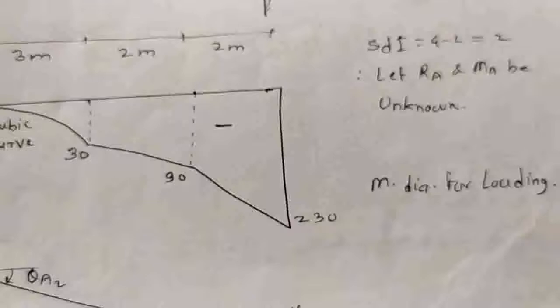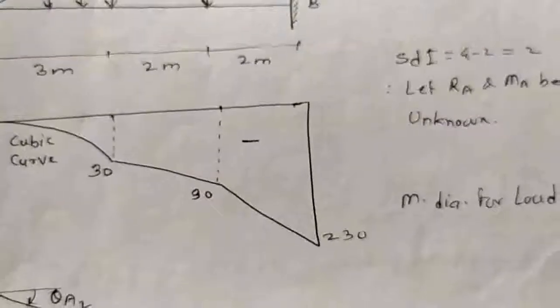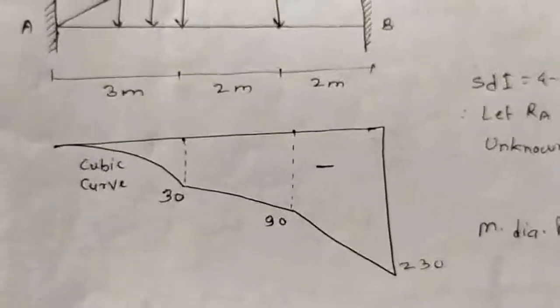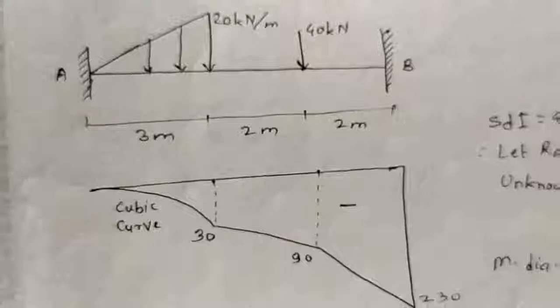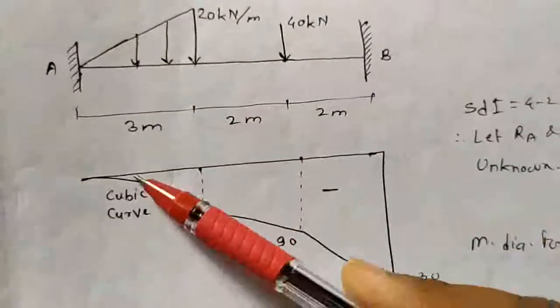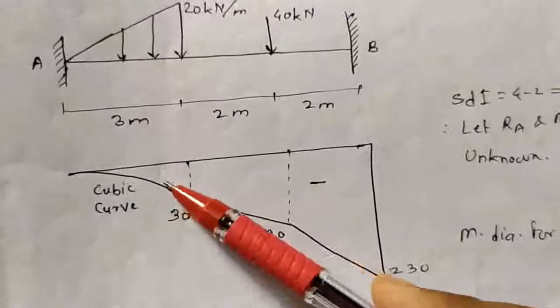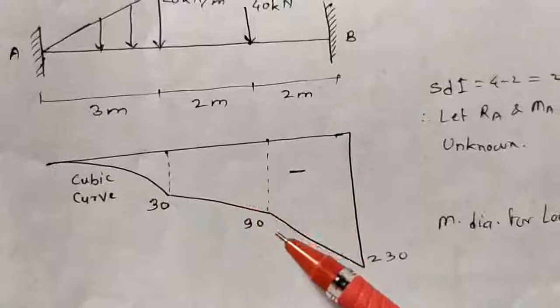Now we will draw a bending moment diagram because of the application of loading. So this is the bending moment diagram. Remember, first here there is a provision of a UVL, so because of the UVL you have to draw a cubic curve. Next, from this point to this point there is no loading, that's why this is a straight line.